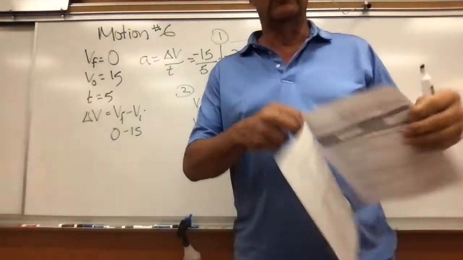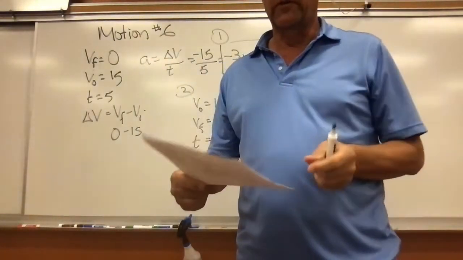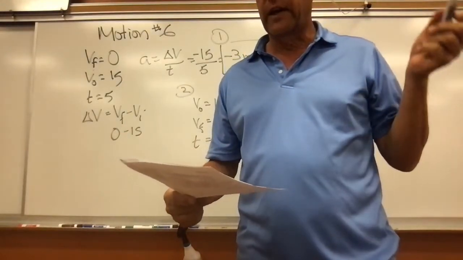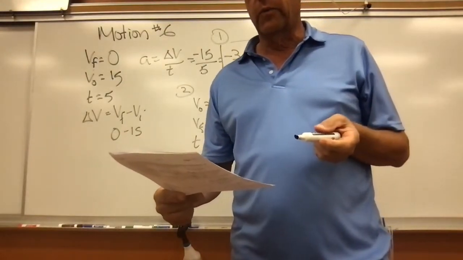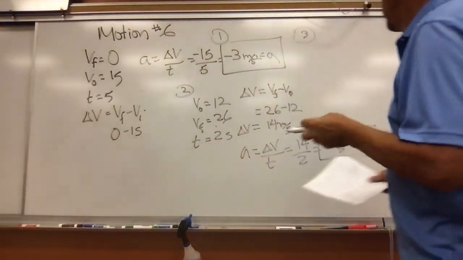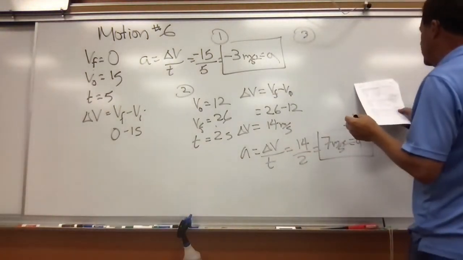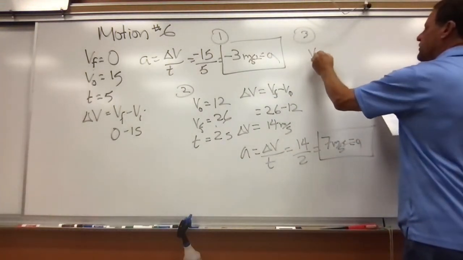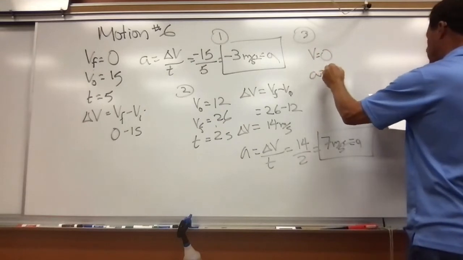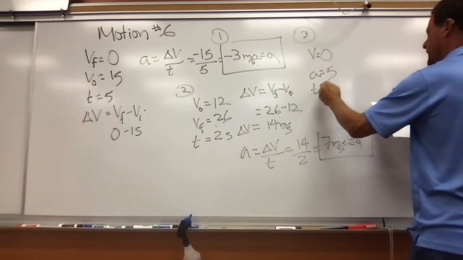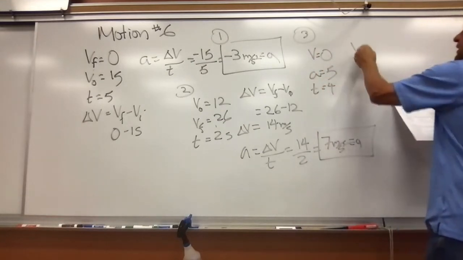Switching over to number 3, starting from rest, a moped has acceleration of 5. It travels for 4 seconds. What is the moped's final speed? Okay, so our initial velocity is 0, our acceleration is 5, and our time is equal to 4.